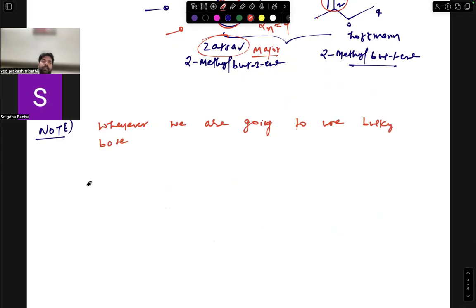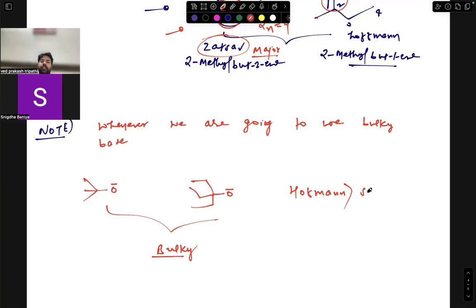Bulky base is like this one, tertiary butoxide, and this one. They both are bulky in nature. So whenever you have a base that is bulky, it means Hofmann would be the major one. Hofmann would be more than Zaitsev or Saytzeff.